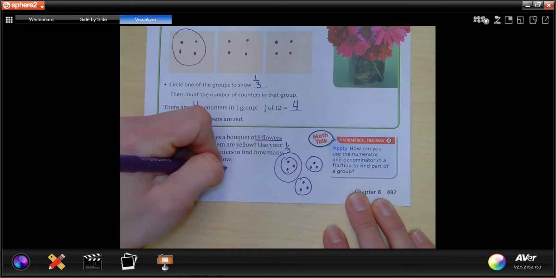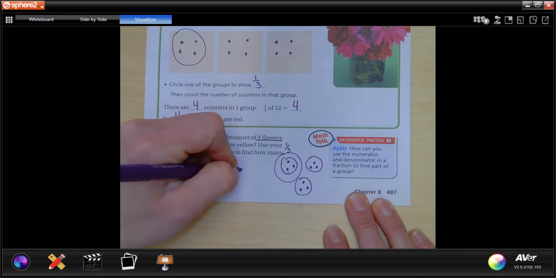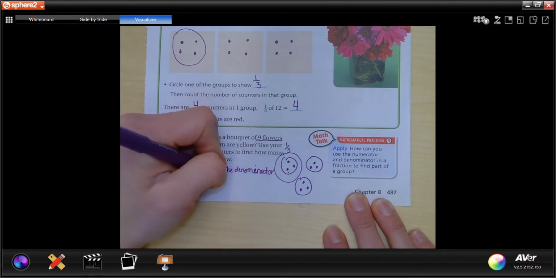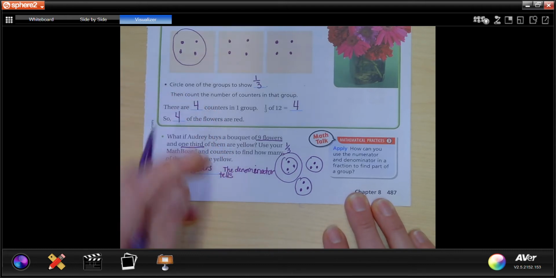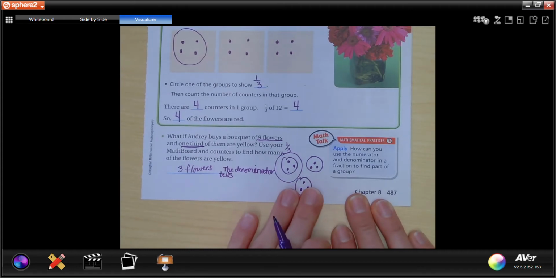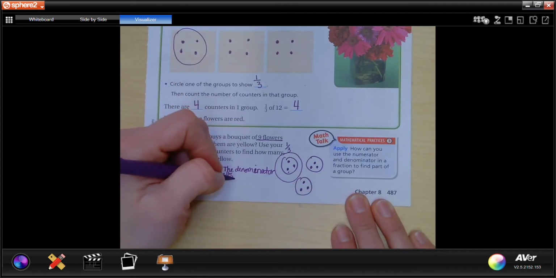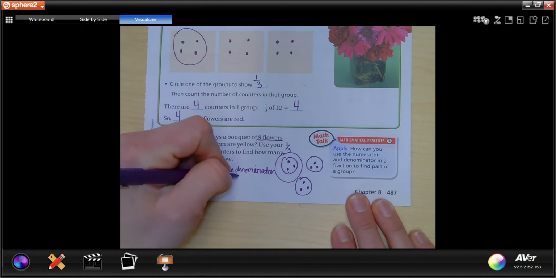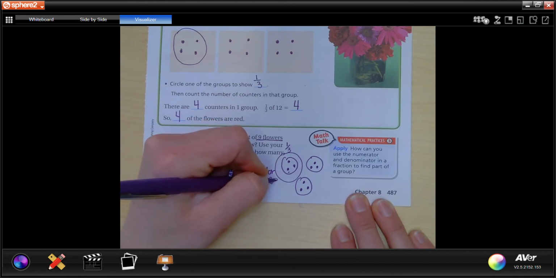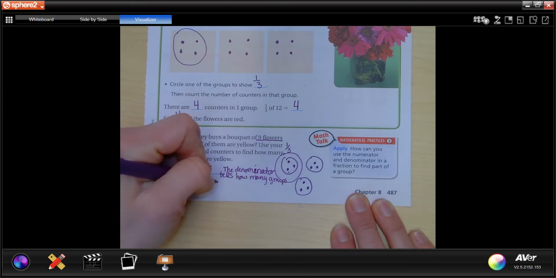So, the denominator tells how many groups I divide the total into. The numerator tells how many of the groups I count. I'm trying to figure out where to write this. That's why it's best if you use your math board with your dry erase for this part.